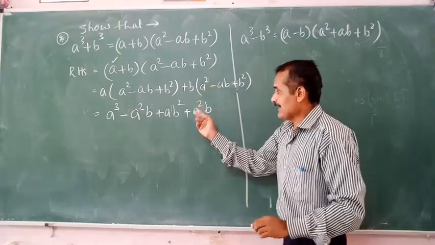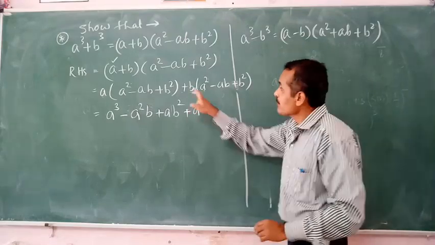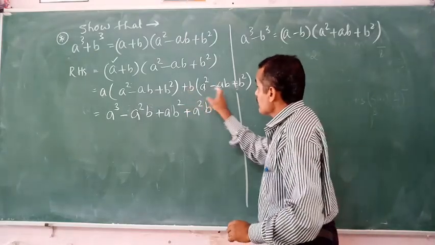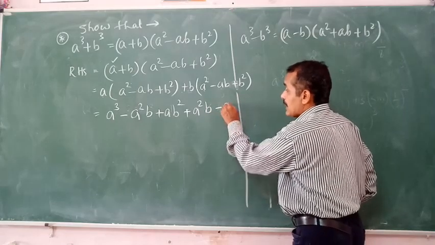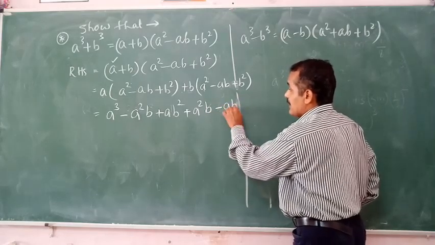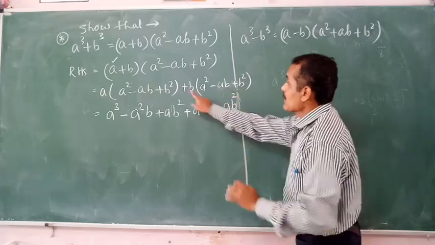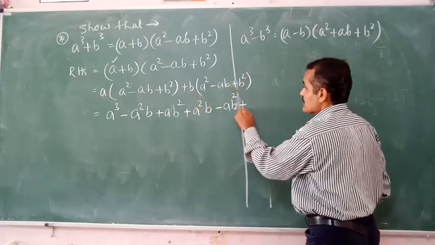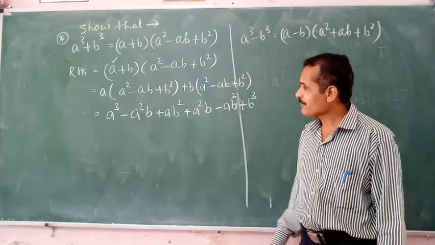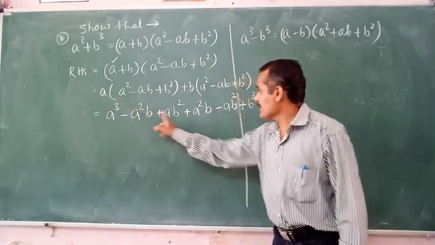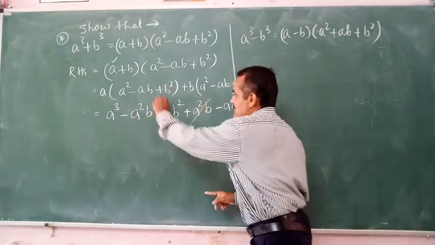Let me write a first, b next. Multiply this. B into ab, minus ab square. This is plus b cube. Check. Any terms getting cancelled? Minus a square b plus a square b gets cancelled.